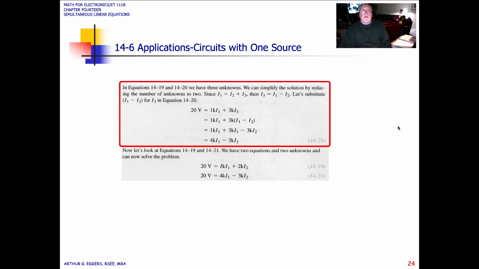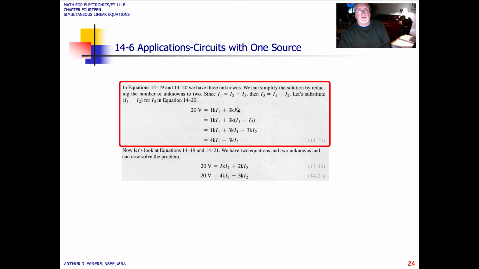Since I1 is equal to the sum of I2 and I3, we can rewrite the expression for the current as I3 is equal to I1, which is really the total current, minus I2. Let's substitute that I1 minus I2 into the other equation for I3. In rewriting the expression, 20 volts is equal to 1K times I1 plus 3K I3.